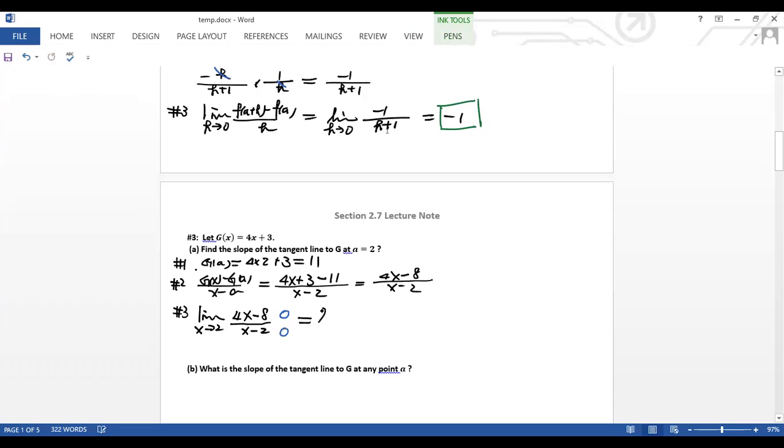From the limits we learned, maybe I can factor and simplify it. Let's take a look: 4 times x minus 2, over x minus 2. Oh, good job. The x minus 2 and x minus 2 cancel out, and the limit of a constant is just that constant. So what will it be? 4, right?